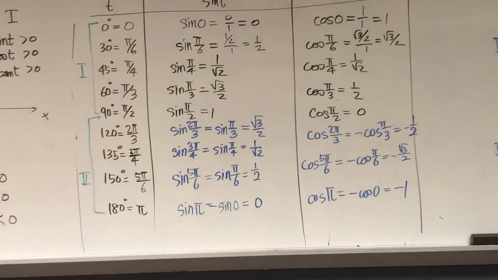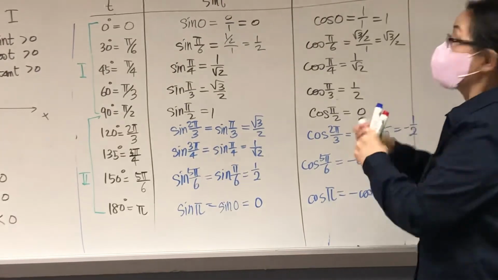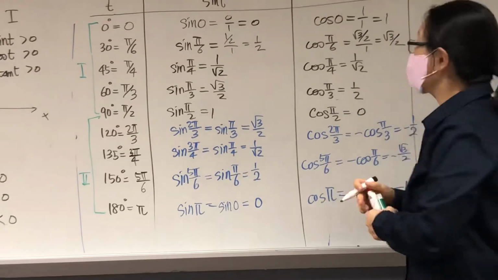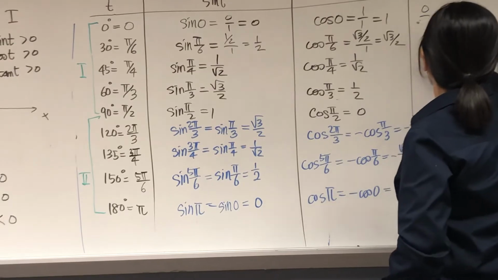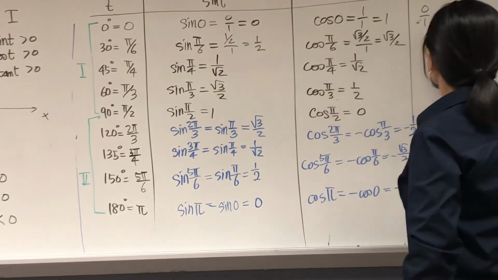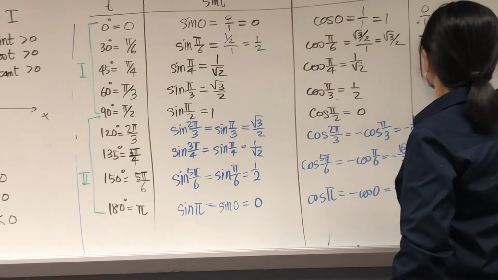Now let's fill up this. Tangent is what? Sine over cosine. So it is what? 0 over 1, 0. How about this? 1/2 over root 3 over 2.